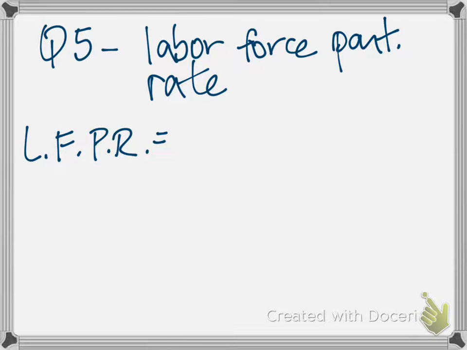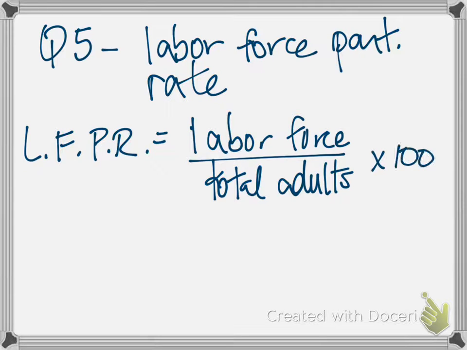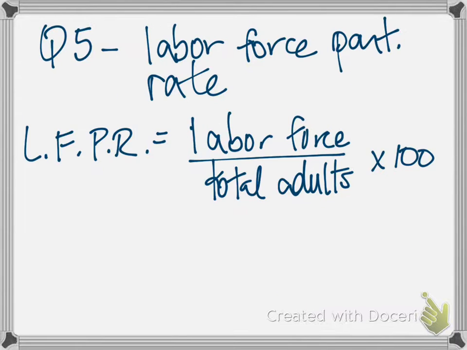This one is the total labor force, the workers and the ones who are looking, divided by, sometimes we'll say relevant population, but most of the time you're just going to divide it by the total adults. And then once again, times 100. If we go back here, we found the number in our labor force to be 600. So that goes right here on the top of my fraction.